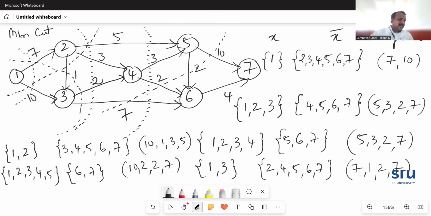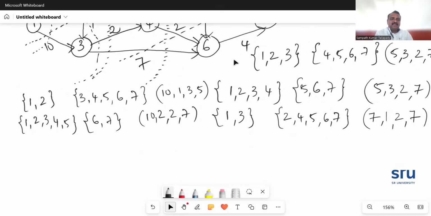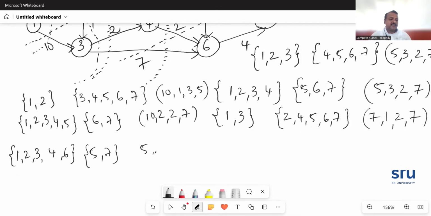Now we go to another set. I can even cut in this way: 1, 2, 3, 4, 6, and then the elements 5 and 7 are in the other set. So the values will be 5, 3, 2, and 4. Okay.